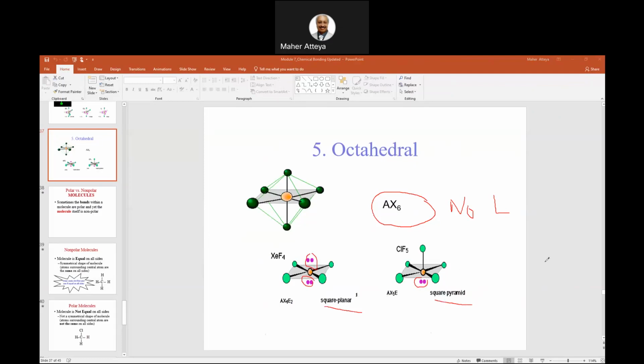So this is the central atom, one here, one here, and then this one is replaced by lone pair, this one is by lone pair, this one is by lone pair.